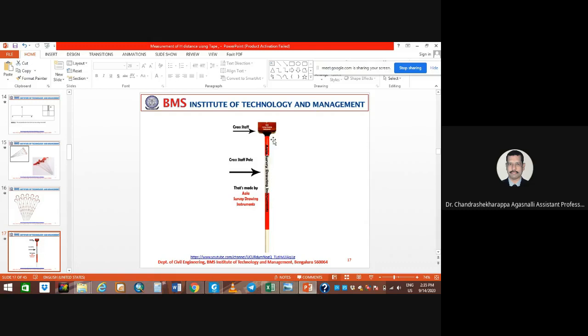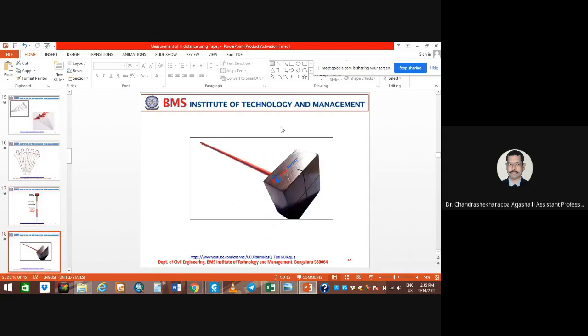This is a wooden stick, and this also a wooden stick. This one will be the top, and the angles will be the wooden one. Here you can see this. We use it only for the 90-degree angle, not for other angles.